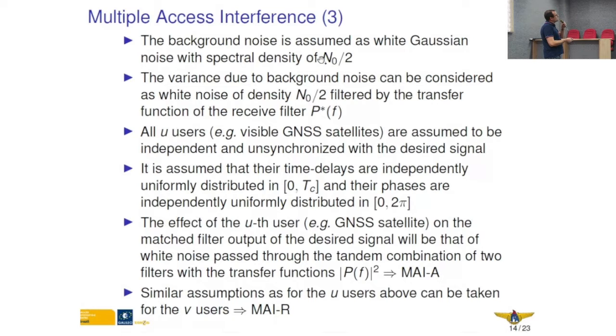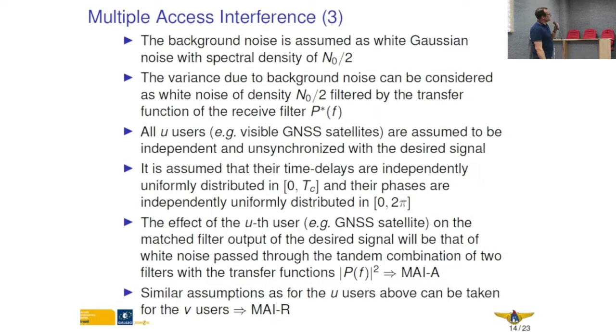The background noise is assumed to be white noise with spectral density N0. The variance due to the background noise, after correlation, can be considered as white noise density filtered by the transfer function of the receive filter, which is based on our model. All U users are assumed to be independent and unsynchronized with the desired signal.